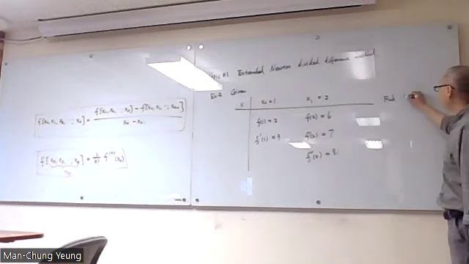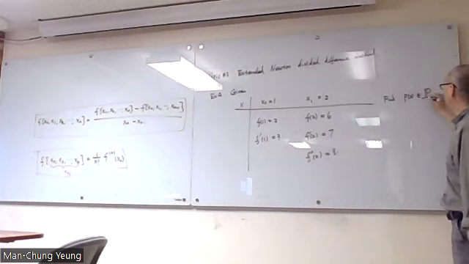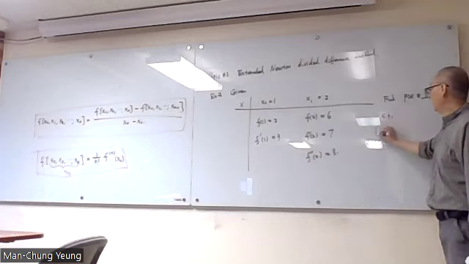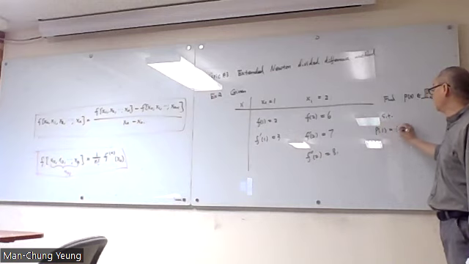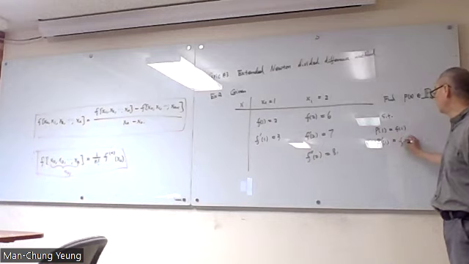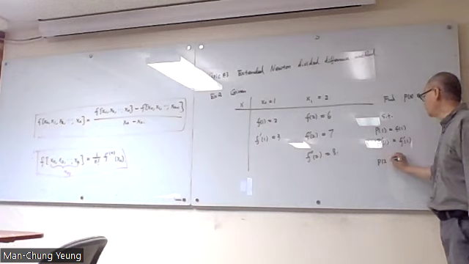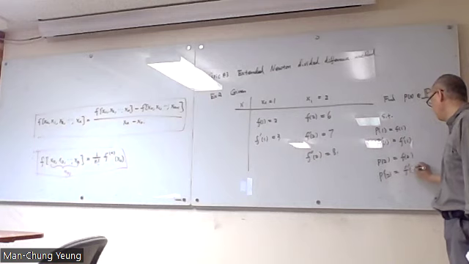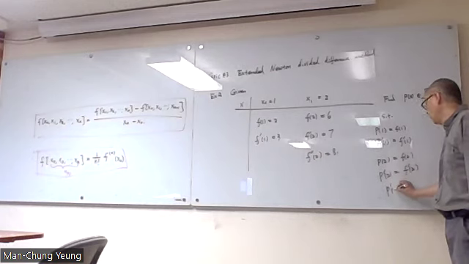So P4 is the set of all polynomials of degree not greater than 4, such that the polynomial at 1 is the function value, the polynomial derivative at 1 is the derivative, the polynomial at 2 is f(2), the polynomial derivative at 2 is f' at 2, and the polynomial second derivative at 2 is this.